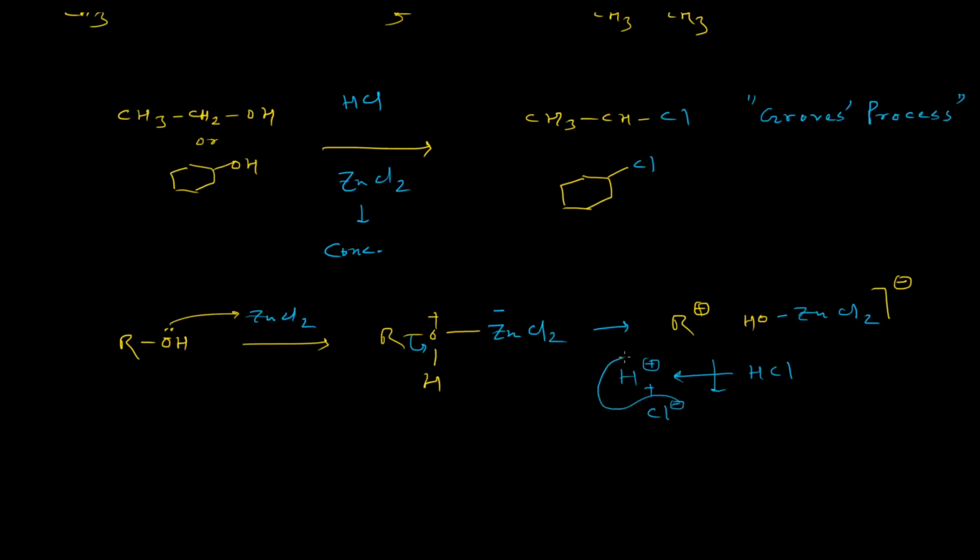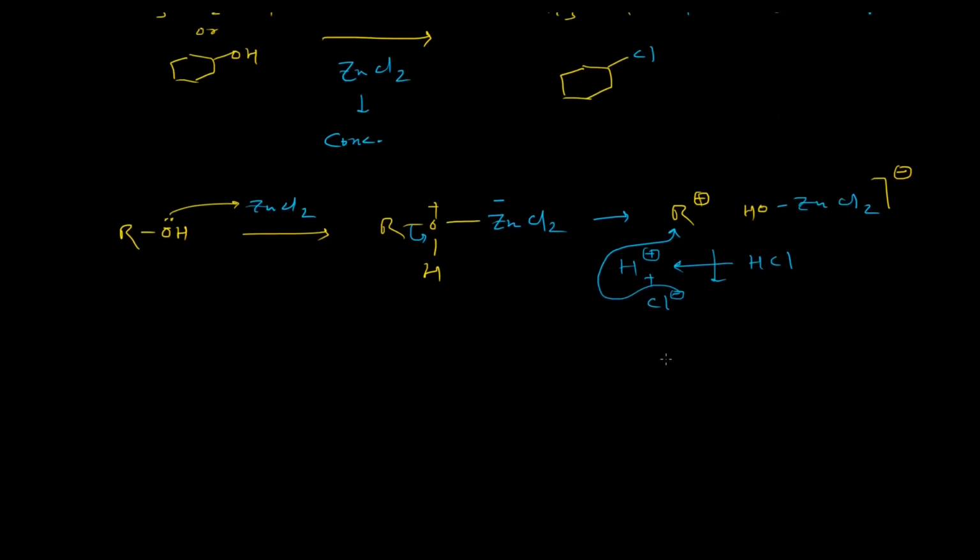This Cl minus will attack this carbocation, and thereby we will get our desired alkyl chloride, and this H plus will be attacked by this OH from the zinc salt, and thereby one molecule of water will form, and the zinc chloride will be regenerated in the reaction medium, and then it can again show its catalytic property, and like that this reaction will go on.